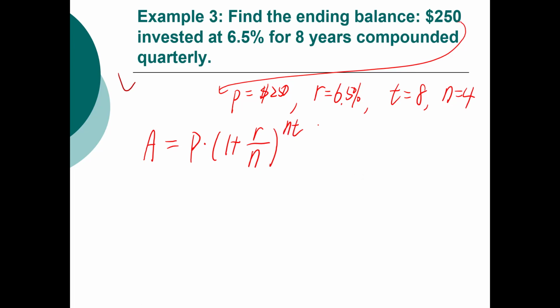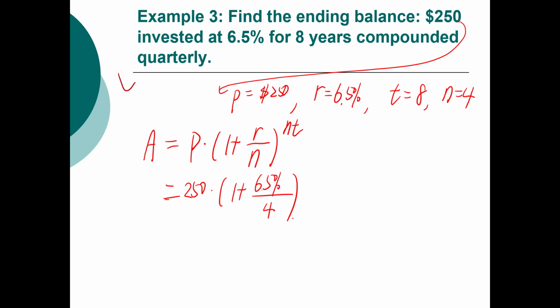So read the question and analyze the situation and write down the numbers in corresponding symbolic form, and then eventually we just plug into the compound interest formula and get a result. So here we have 250 multiplied by (1 plus the rate, 6.5%, over 4).